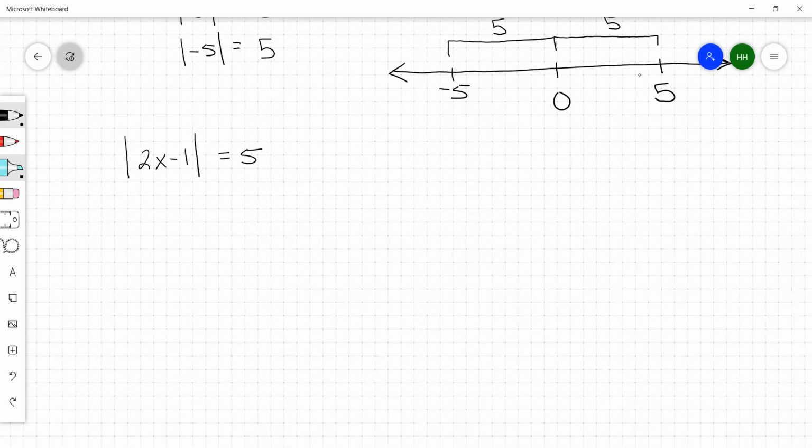Now, the way you solve these absolute value equations and inequalities, the first step is to isolate the absolute value symbol on one side of the equation.